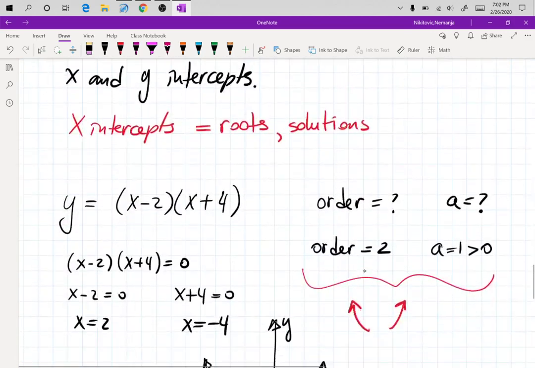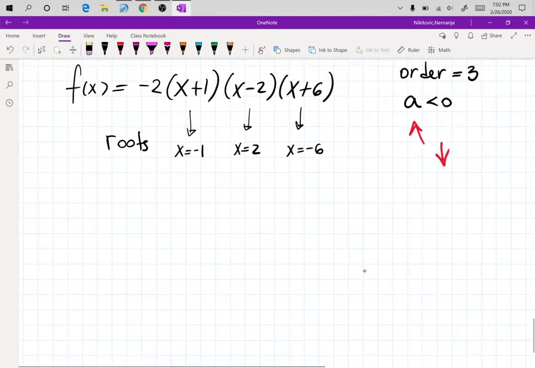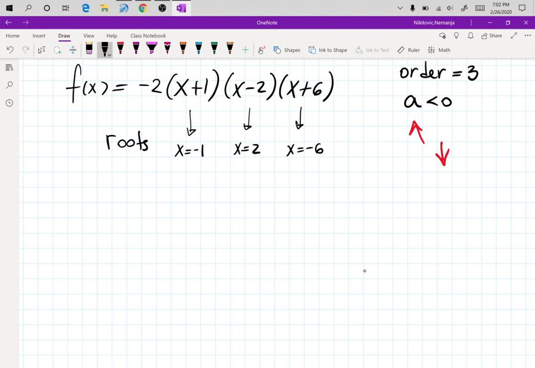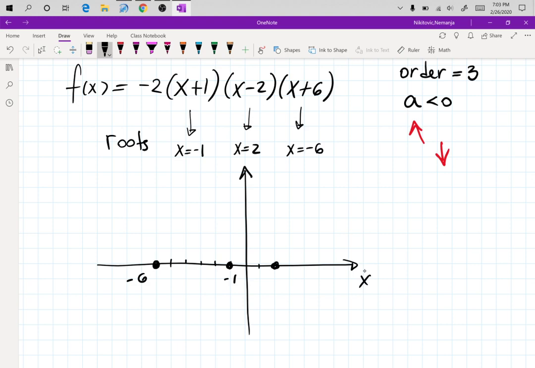So now, what do I do? Well, to graph this one, I'm going to start by plugging in all of my x-intercepts. I have x-intercepts at -1, 2, and -6. Please watch how this is done, because it turns out to be confusing.